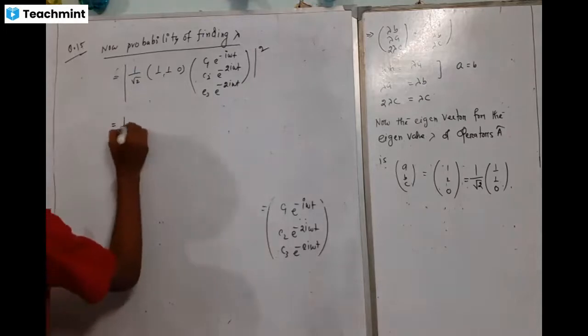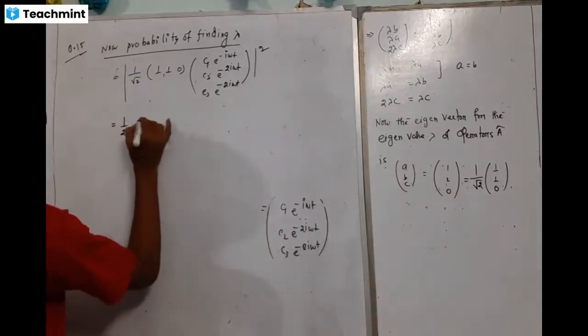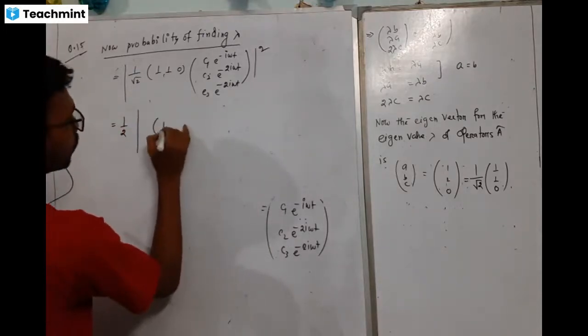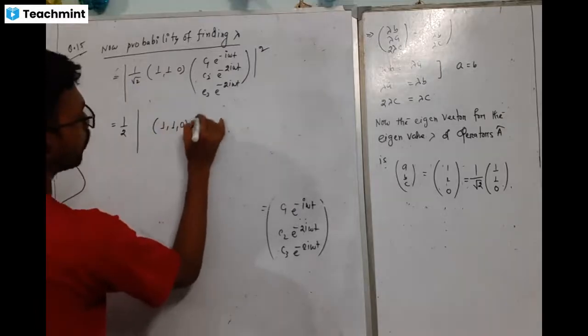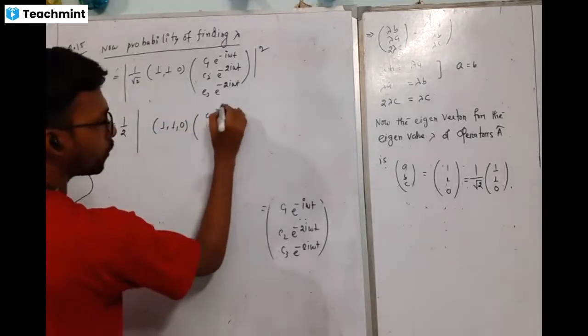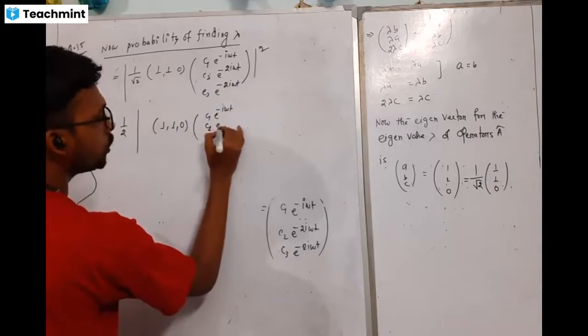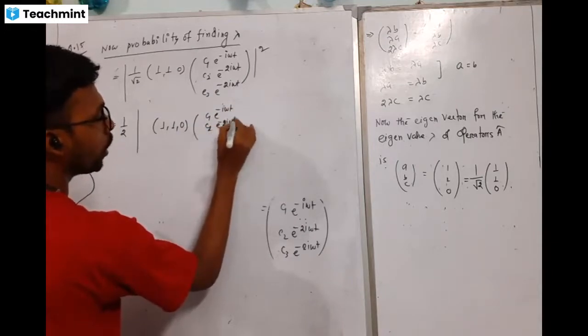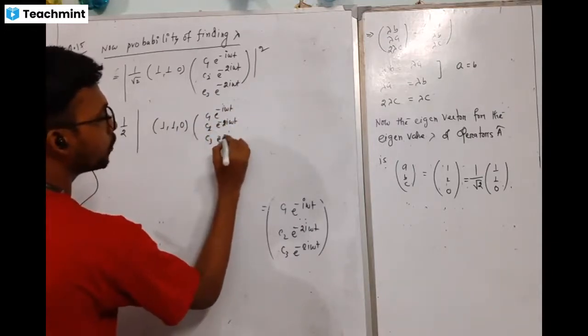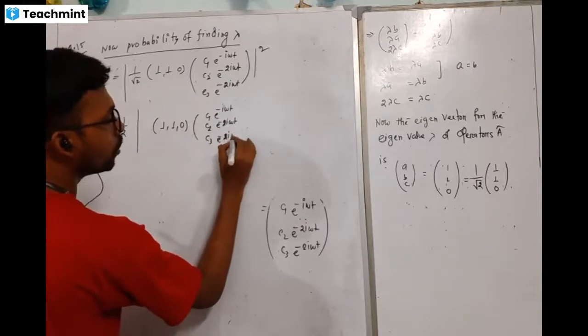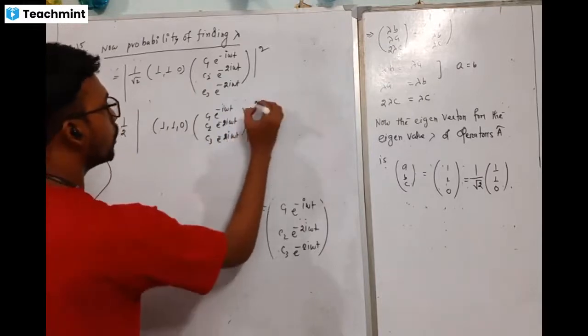So this equals 1 by 2, mod of 1, 1, 0 with C1 e to the power minus i omega t, C2 e to the power minus 2i omega t, C3 e to the power minus 2i omega t, mod square.